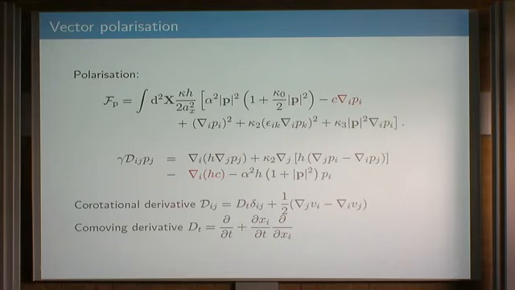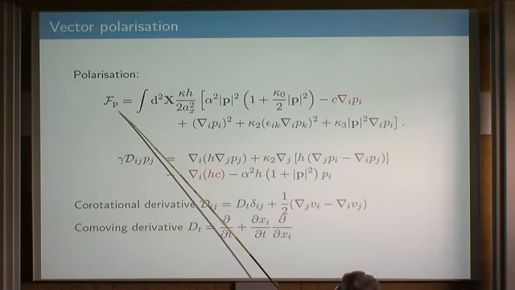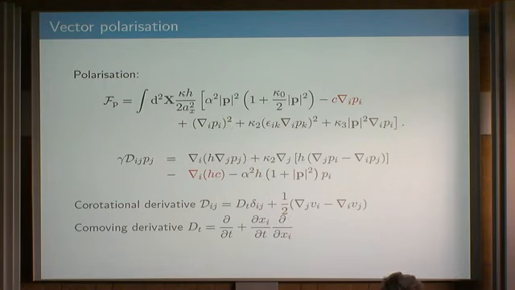So here it is, and we construct the energy functional, which is the Landau-Ginzburg functional, by collecting lowest order terms which are compatible with the symmetry. And here it is for a vector polarization.